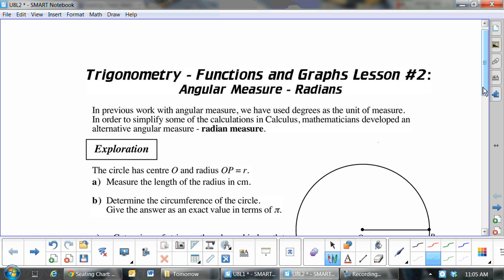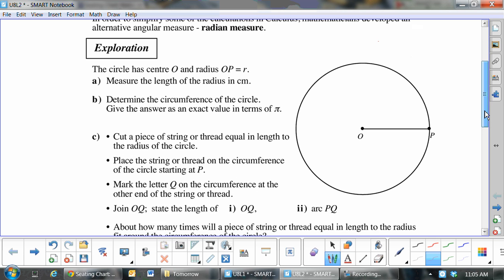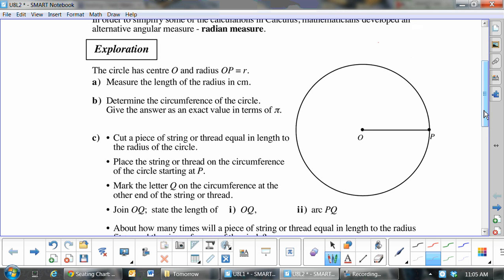Now, the first thing I want to show you is what a radian looks like. Now, a radian is an angle, okay? And an angle that is very, very specific to what you're going to see right here.